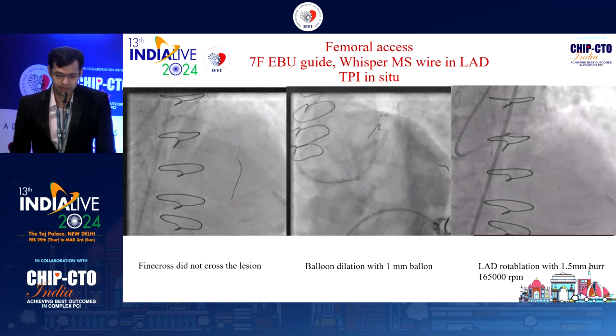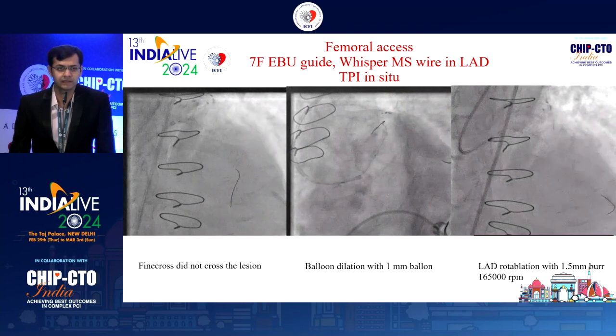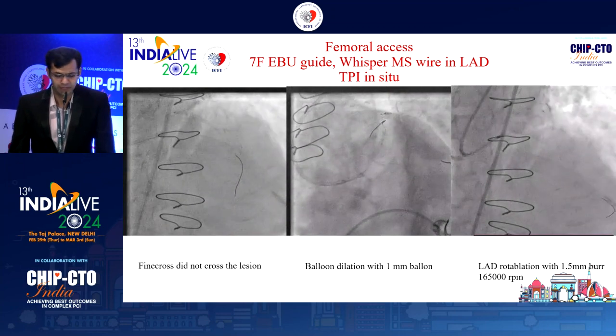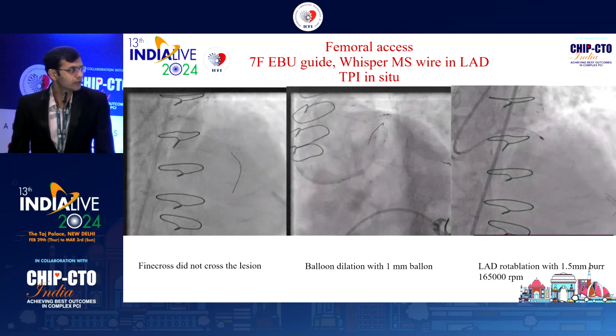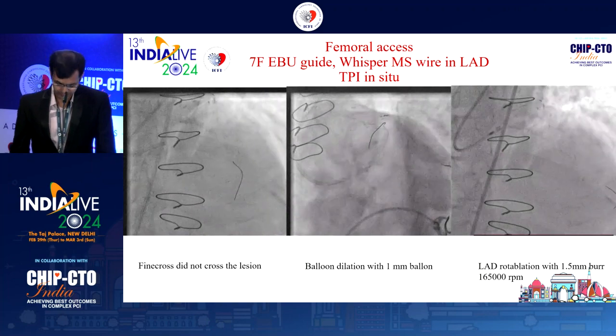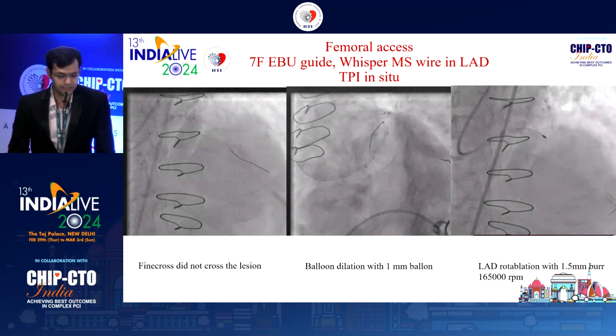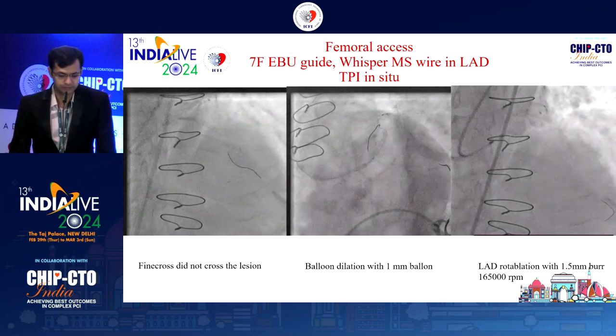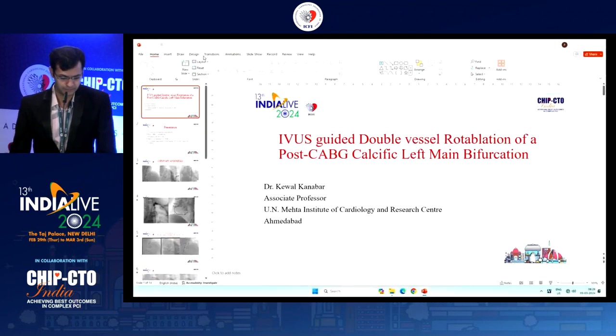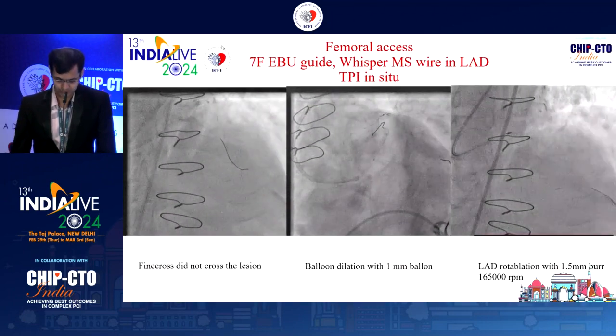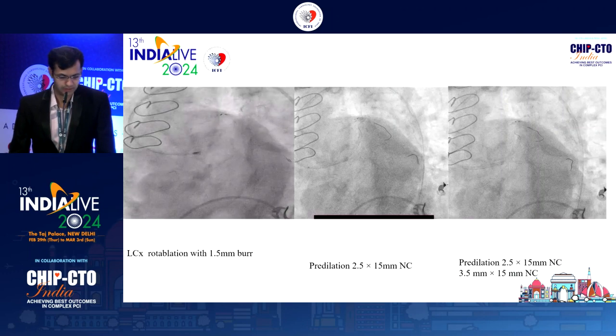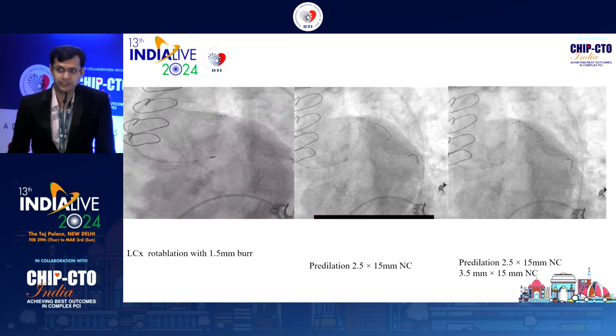And then we rotablated the LAD and the proximal left main with a 1.5 millimeter burr at 165,000 RPM. Did a polishing run for the LAD, subsequently followed it up with rotablation of the circumflex.